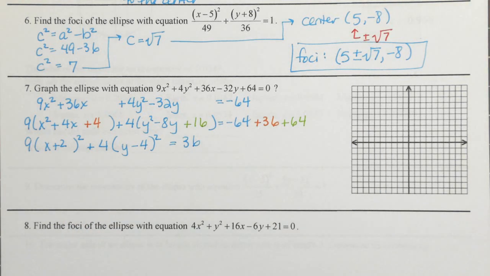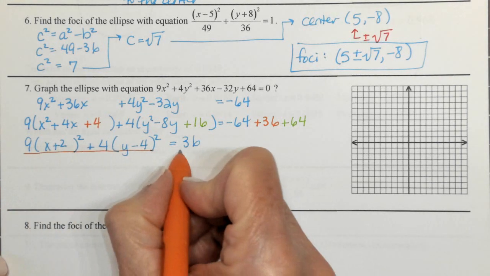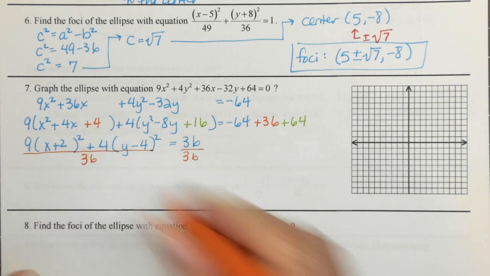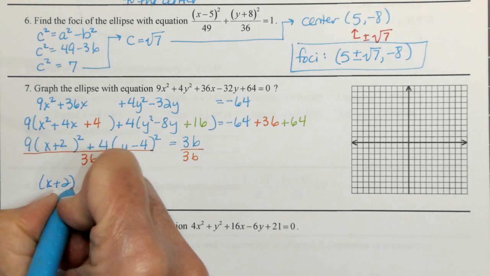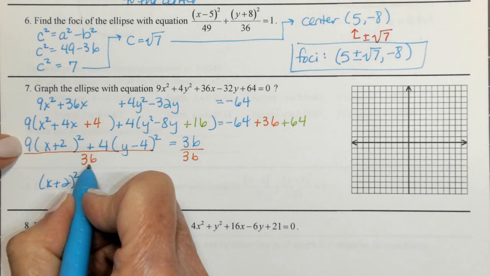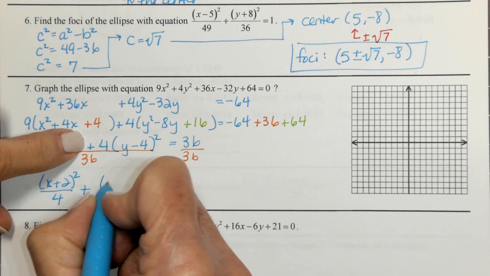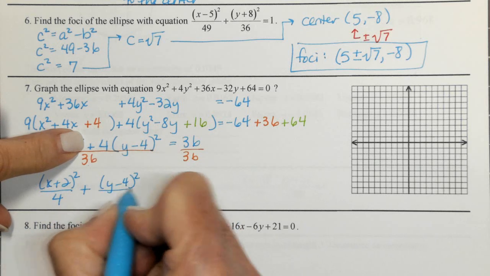It's still not in standard form. I need to divide both sides by 36 because we have to get a 1 over here. This is going to give me x plus 2 squared divided by 4 plus y minus 4 squared divided by 9.